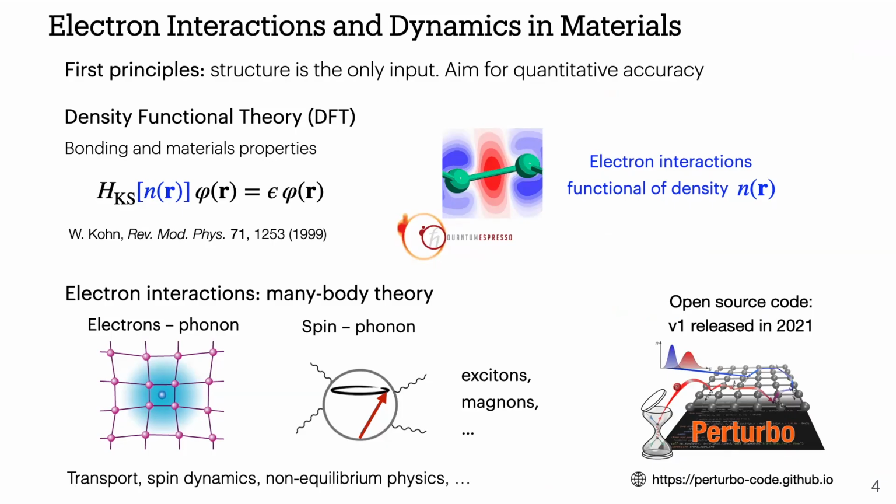So the workhorse in this field is density functional theory, and that's basically the starting point to compute the ground state, and bonding in the materials, and find stable structures and ground state properties.